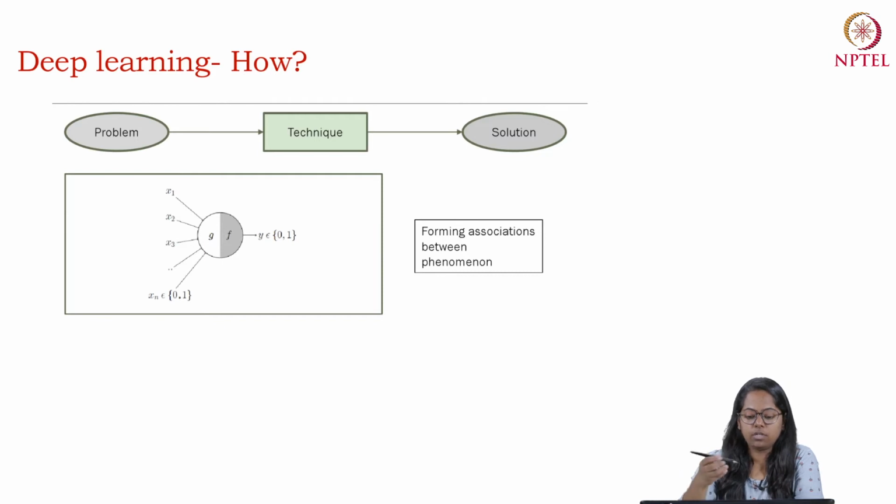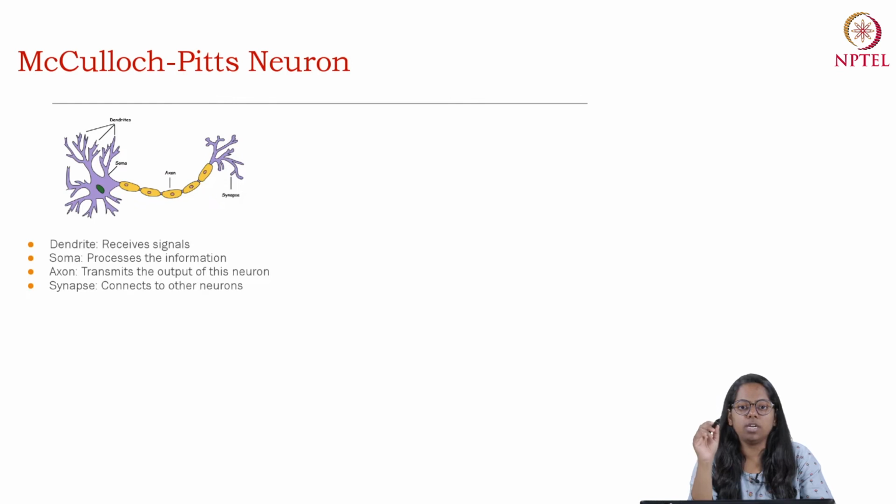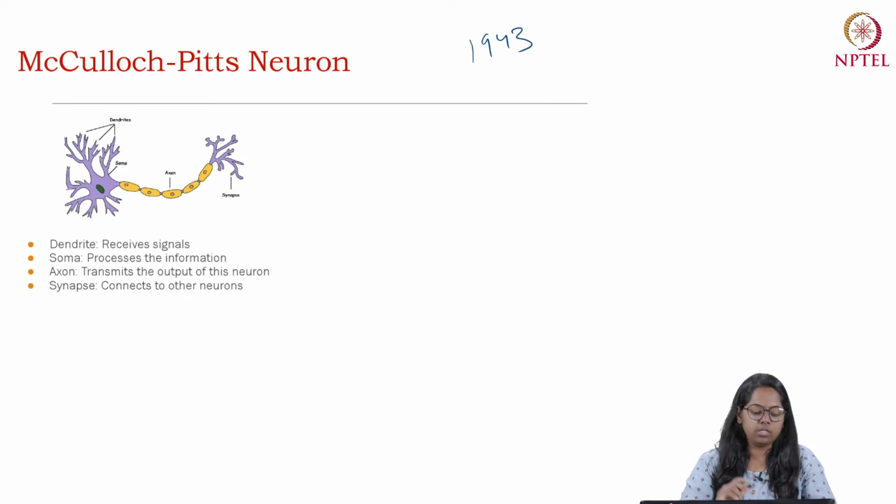We'll go into a few of these models, but the basic functionality of these mathematical models is to obtain a similar goal that a neuron, or brain cell, in our brain actually does. That is, to form associations between different phenomena. So we'll study the first neuron that was proposed in 1943 by McCulloch and Pitts.